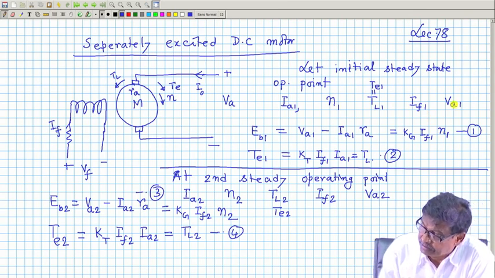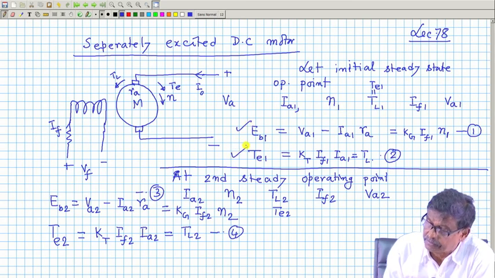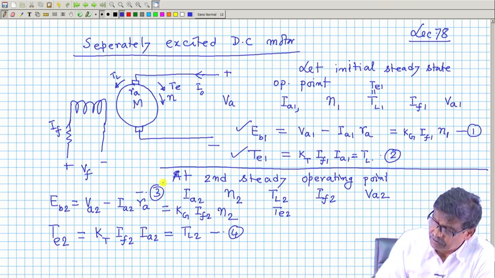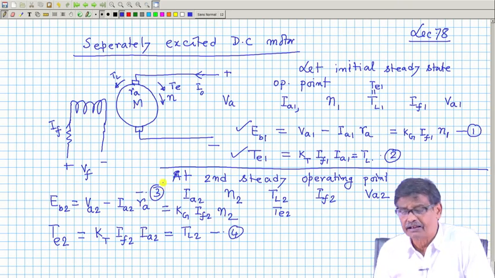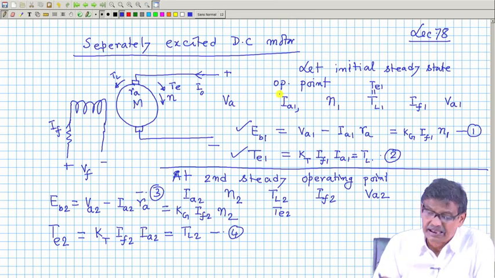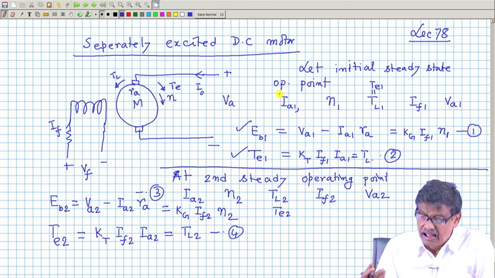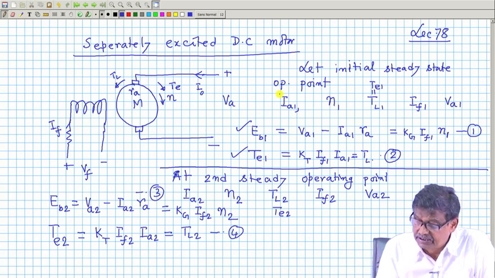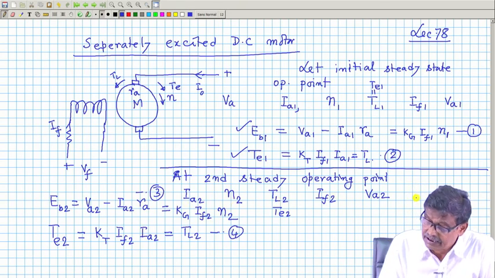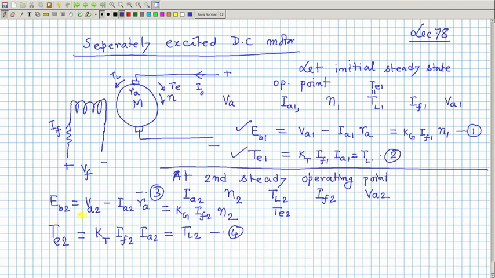The moment I know these things, these two equations can be written: what is the back EMF, and what is the torque? Suppose I have changed the field current and armature voltage, and the new condition is that it is running once again in steady state at N2, IA2, TL2, IF2, VA2. Once again write down these two equations, back EMF and torque.